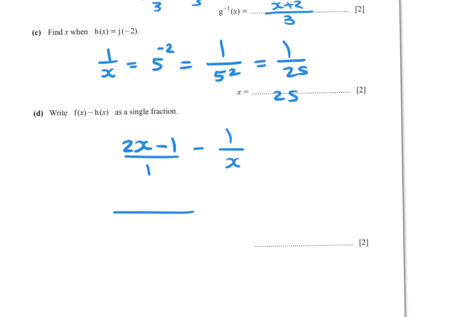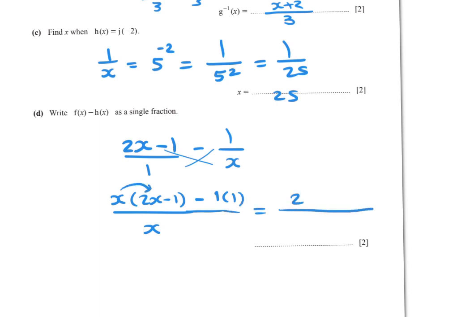So multiply the denominator, x times 1 equal x, then cross multiply, x times (2x minus 1), minus 1 times 1, which is 1. So we can simplify more. x times 2x, 2x squared, x times negative 1, minus x, and minus 1, over x. This is the single fraction.